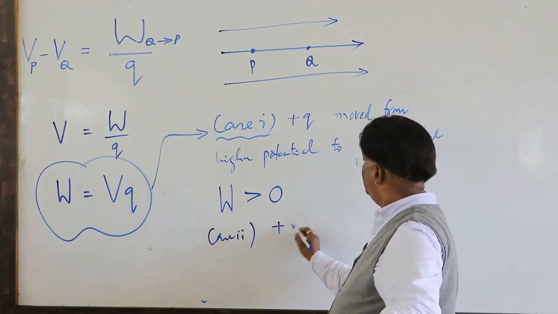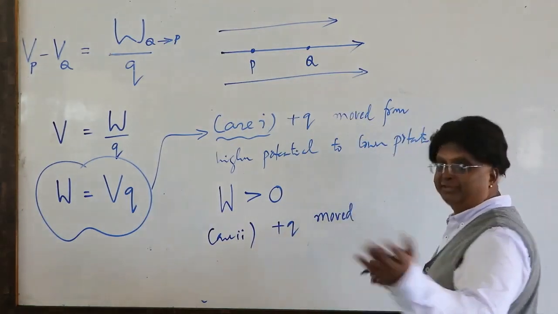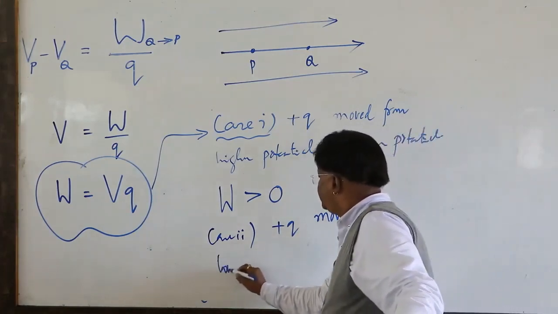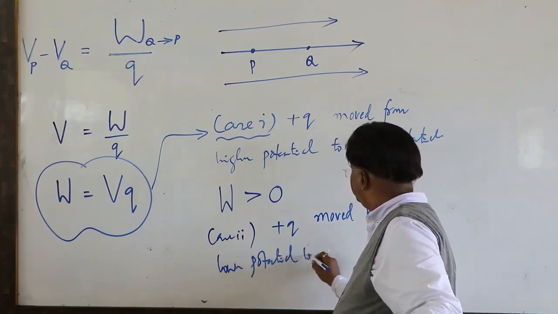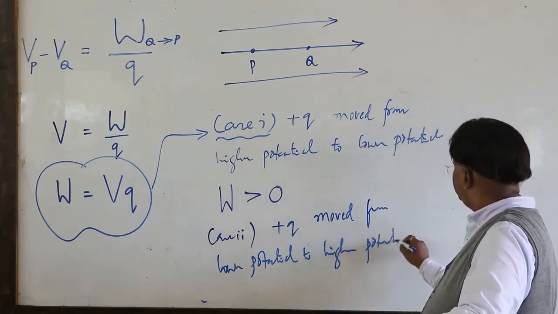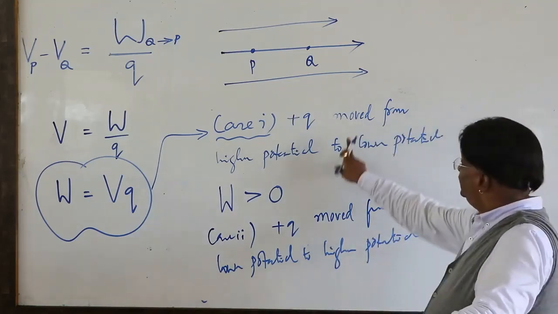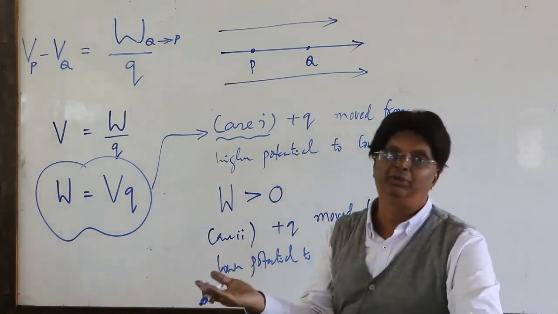Case 2 arises: positive charge displaced from lower potential to higher potential. Lower to higher potential, that is against the field. Higher potential to lower potential means along the field, is it not?